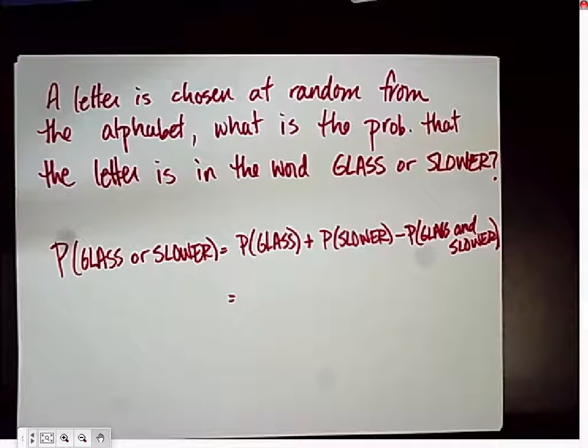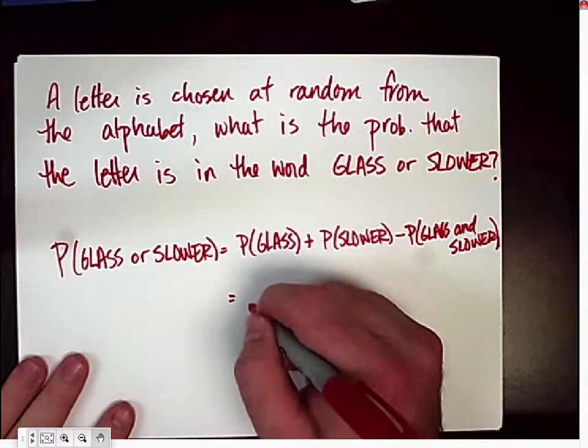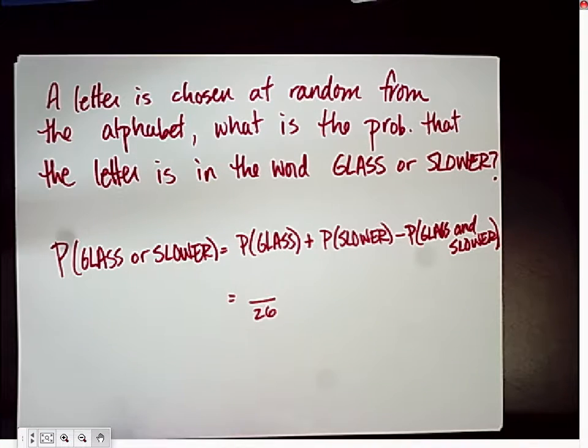Okay, so if you chose a letter at random, what's the probability that it's in the word glass? Well, there's 26 letters, right? How many of those letters are in the word glass? 4. Why is it not 5? Yeah, S is there twice. So, I mean, if you draw an S, you don't get 2 points. You got a letter that's in there, right?